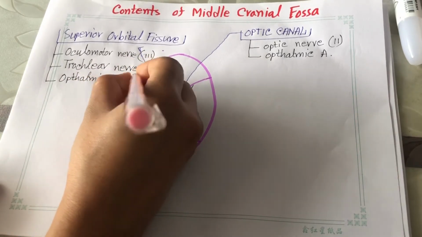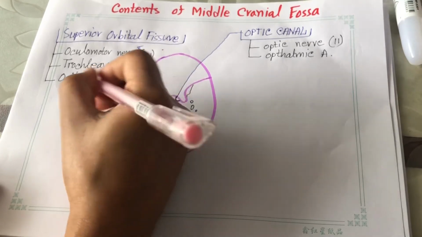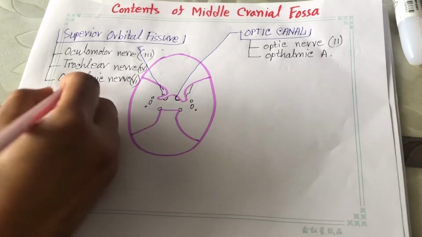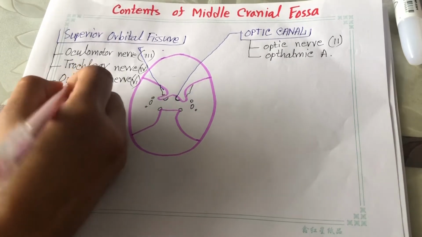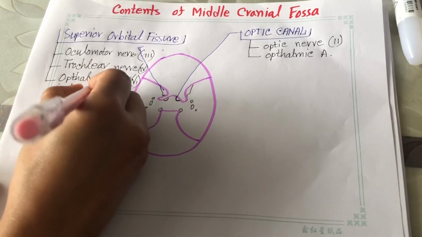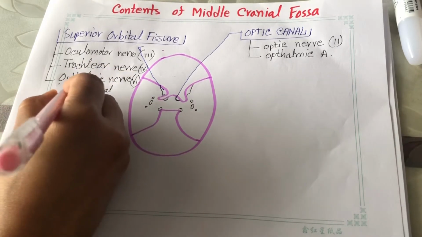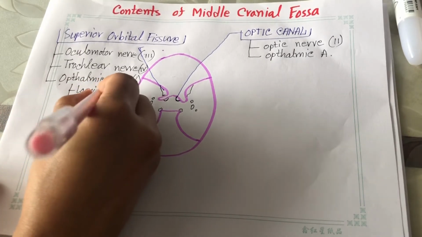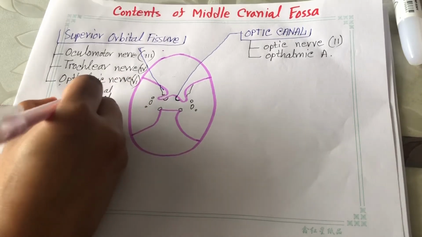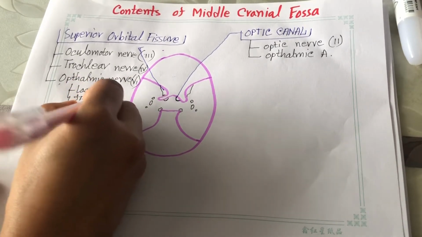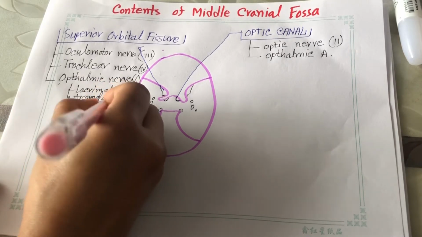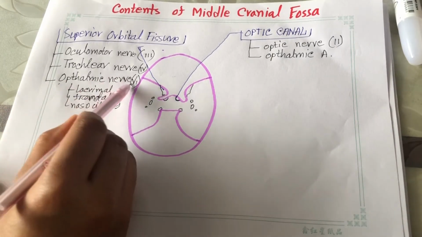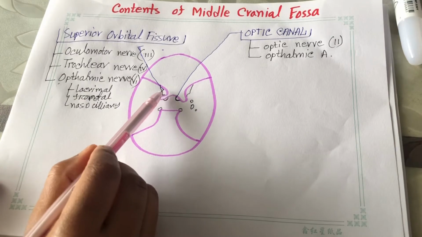This is the branch of trigeminal nerve, and through the superior orbital fissure lacrimal, frontal and nasociliary, these three branches of ophthalmic nerve pass through the superior orbital fissure.